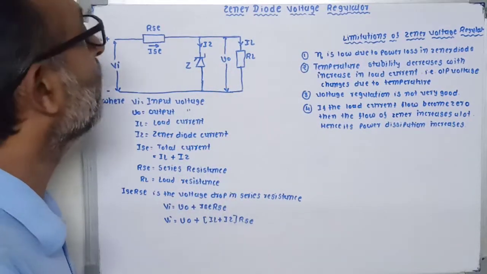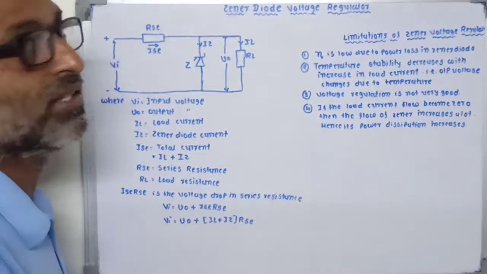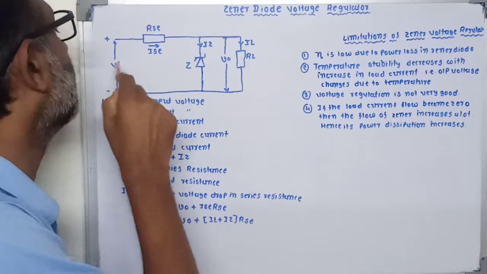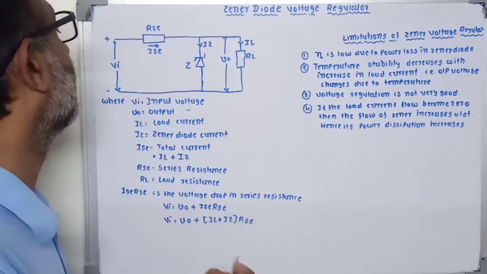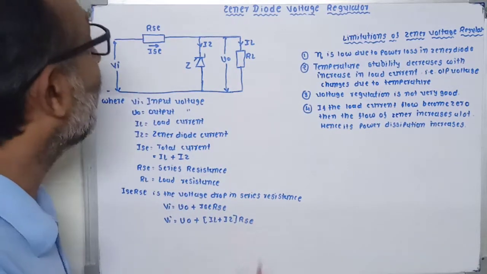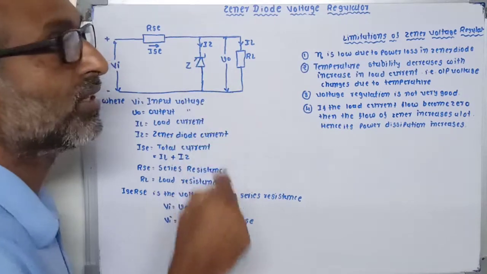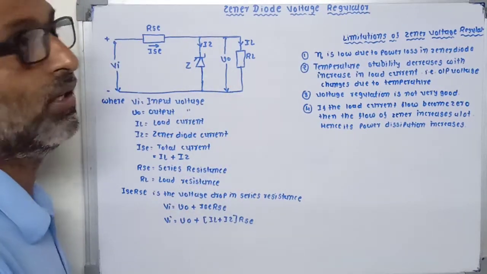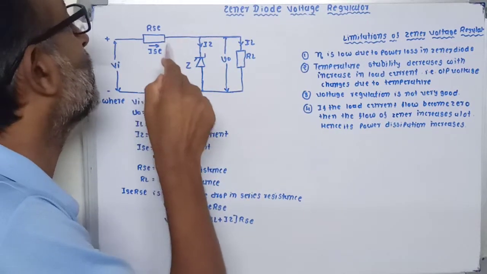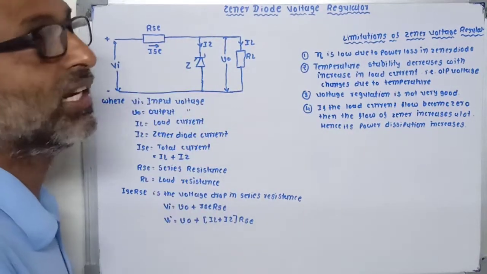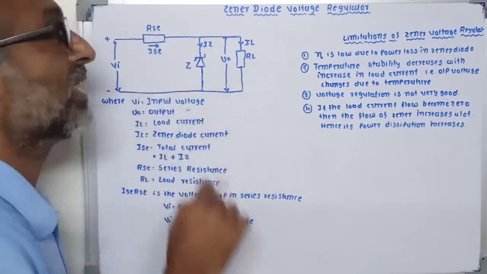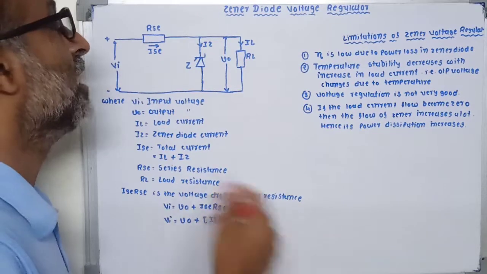Now if our load current remains the same, or you can say constant, and the supply input voltage Vi is decreased, that time this Zener diode draws less current. Due to this, the current passing through this resistance RSC reduces, which reduces the voltage drop across this series resistance RSC. So we will get the same output voltage.